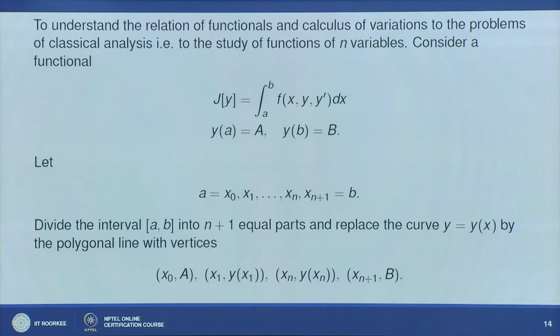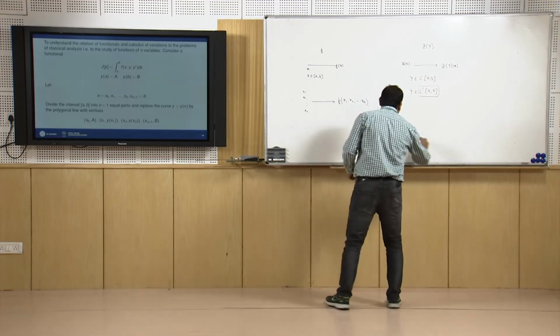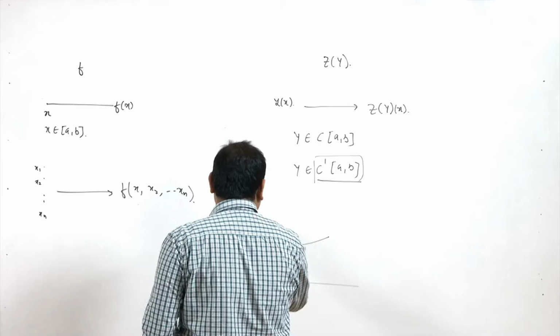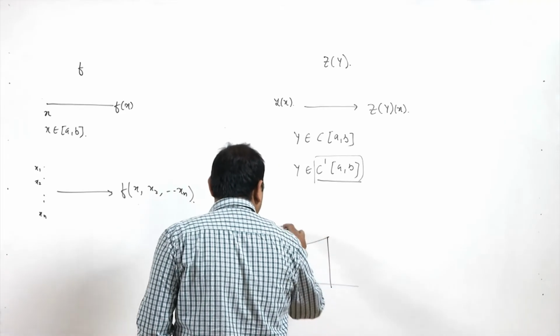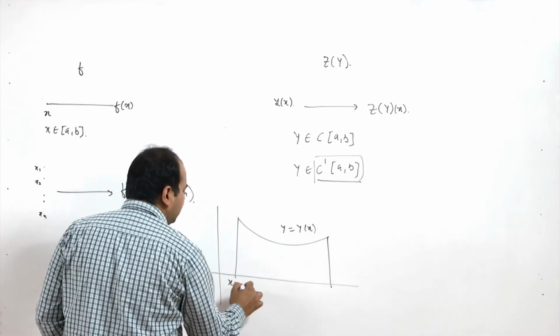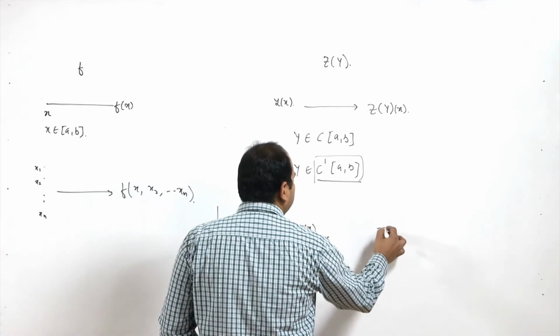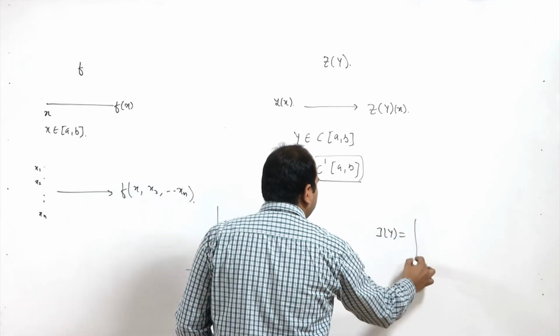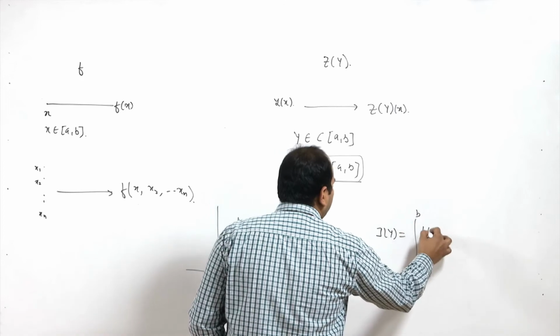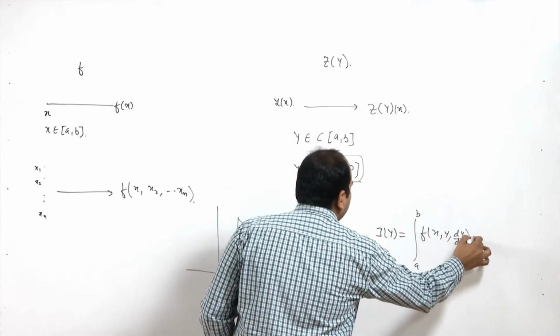So it means that here we have a curve, say y of x, with x equal to a here and x equal to b here, and the corresponding functional is defined like this: the integral from a to b of f of x, y, dy by dx, dx.